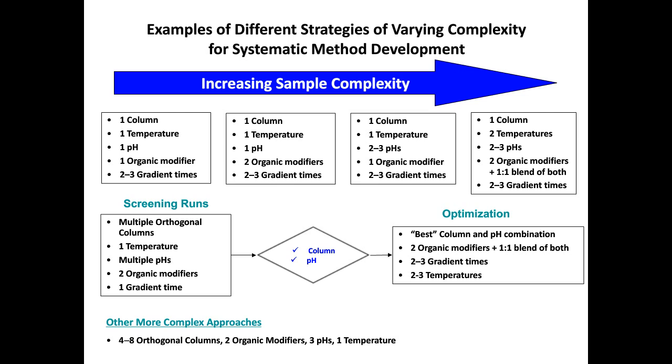At the bottom of the slide, I wanted to mention that a number of major pharmaceutical companies actually have dedicated groups whose sole job is to carry through the first exploratory method development work and come up with something that can be handed off to another principal investigator and their team to then optimize, finalize and validate a particular method.